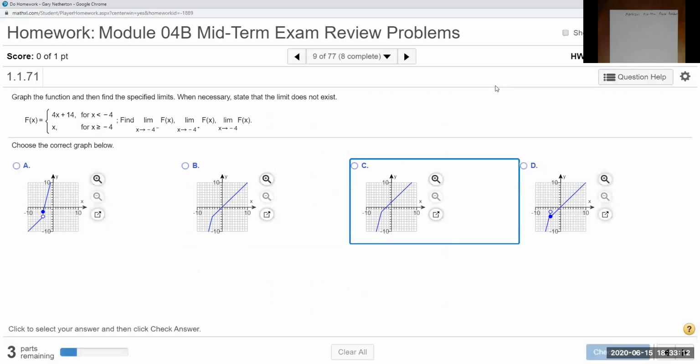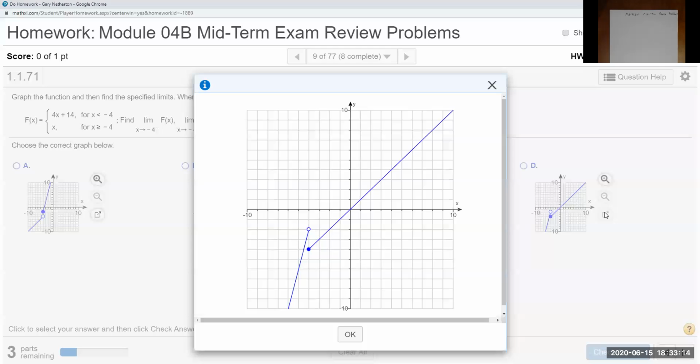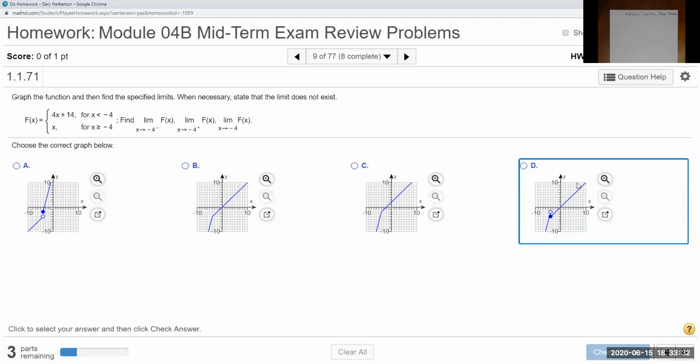Let's go on to D. Now I'm looking at when x is -4, as I approach -4 from the left, this approaches -2, and it's got an empty circle here, so this could also be true. So now I've narrowed it down to C and D. Actually, C and D both look correct when I look at the first function.